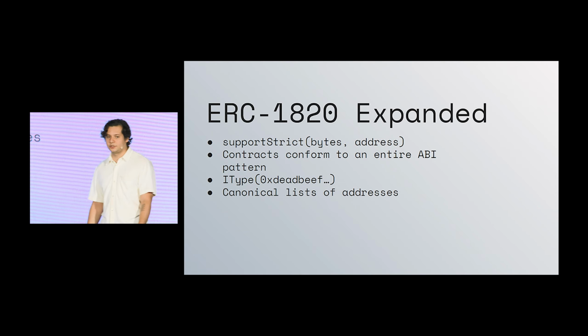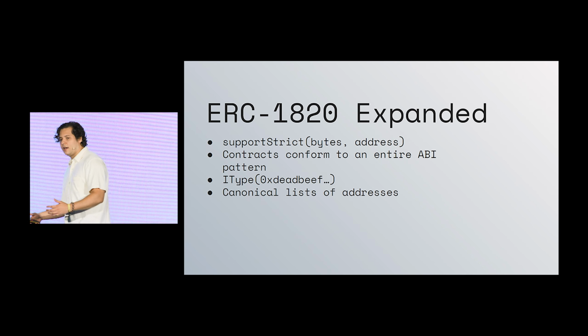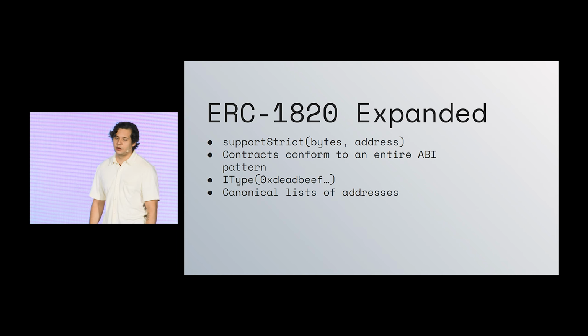You can support an interface. You can query a contract address, and you can see whether or not this contract conforms to a set of methods in an ABI interface, right? But instead, what we want to do is expand that functionality in order for there to be this strict support. So for this ABI, it does nothing more than what this specific ABI specifies, right?